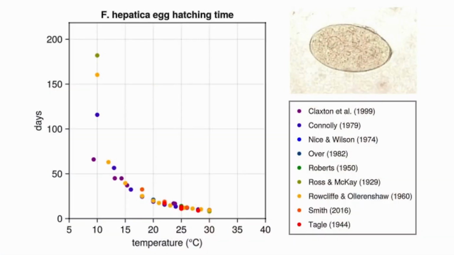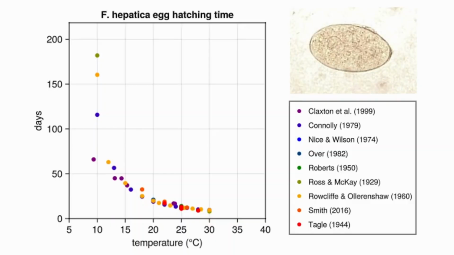For example, in this graph you see around 10 different experiments, 10 different publications by different people, and they all measured the same thing: how long it takes for a Fasciola hepatica egg to hatch. This is the egg excreted from the mammal host. How long does it take to hatch and become a miracidium? It is plotted here on the left, with temperature on one axis and the number of days on the other.